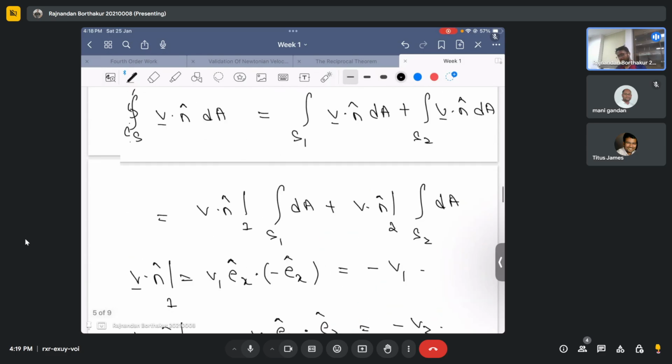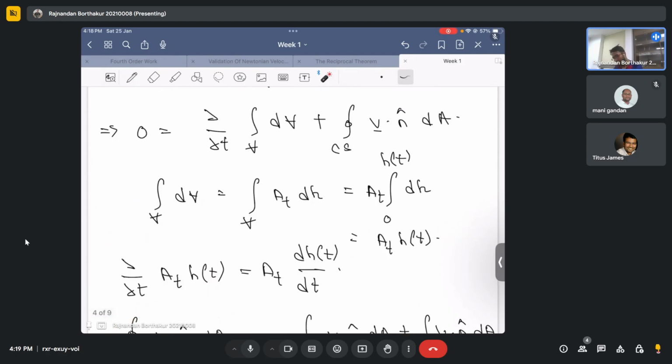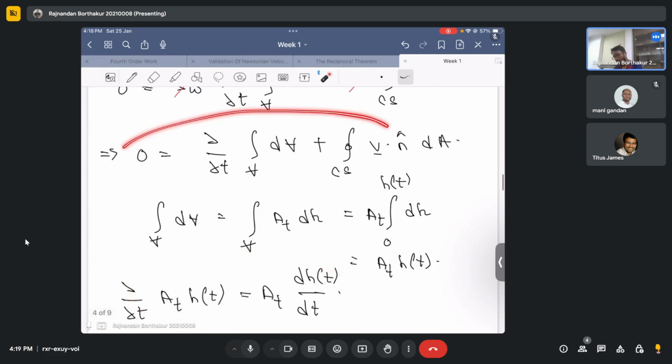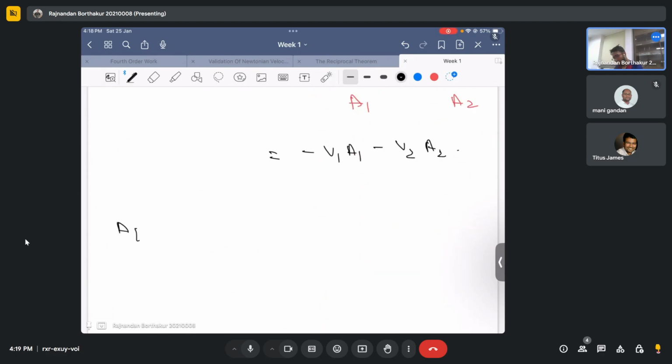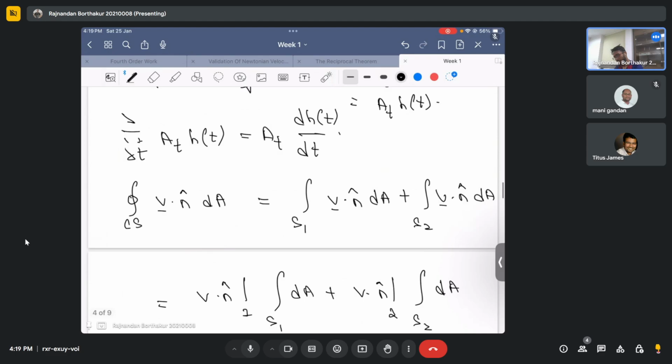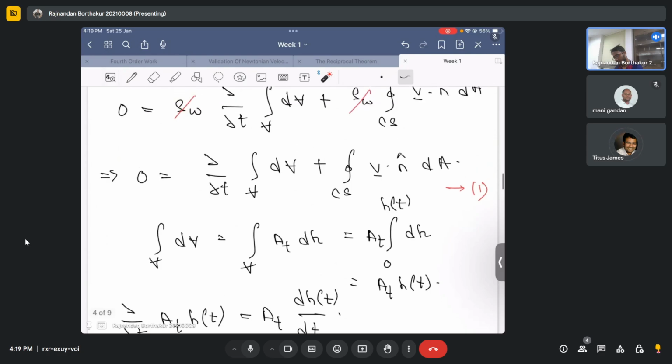Now, I have evaluated this term, and if I substitute it in equation 1, I just get AT times dH dt. That is because this term comes from the term we just saw.